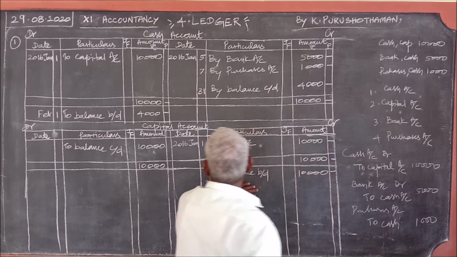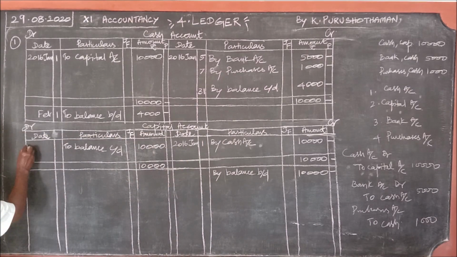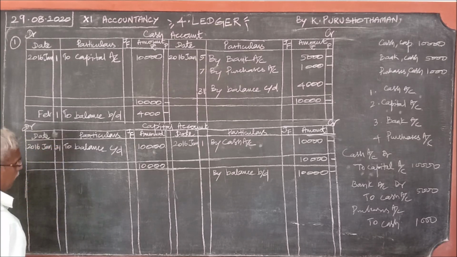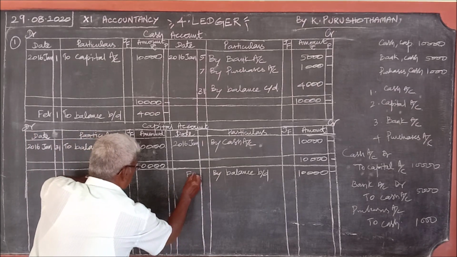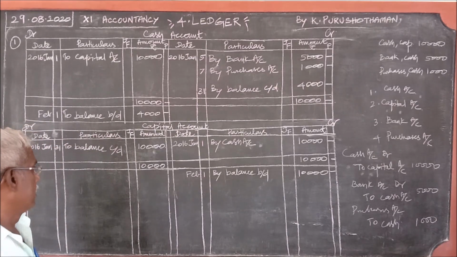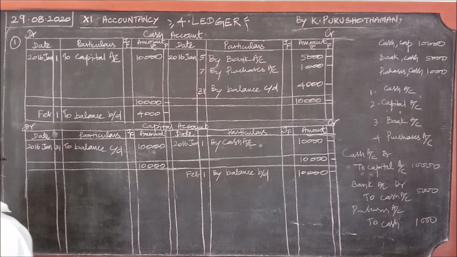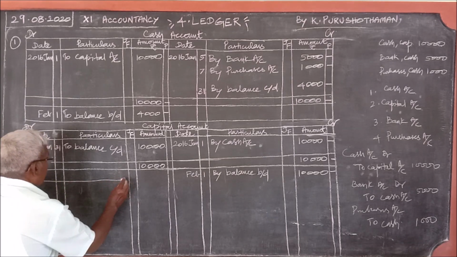What date do we write for the carry down? The last date of the month, 2016 January 31st, and for brought down, the next month's first date. This is the second ledger. Now we shall pass on to the third ledger.